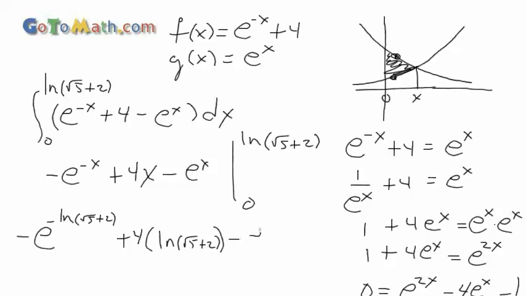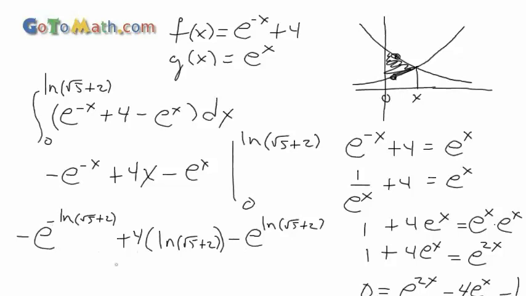Minus e to the natural log of the square root of 5 plus 2. Now this stuff simplifies down, believe it or not. E raised to the natural log is going to collapse down, and it's just going to be the square root of 5 plus 2. So this can all just be replaced with the square root of 5 plus 2. Same thing going on here, except we have a negative up here.